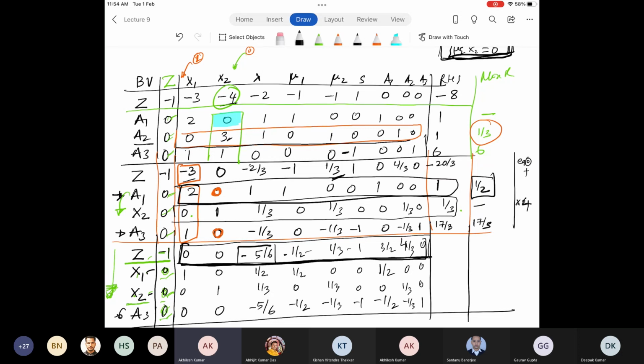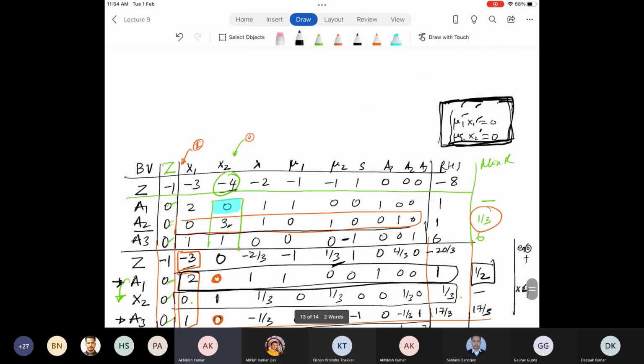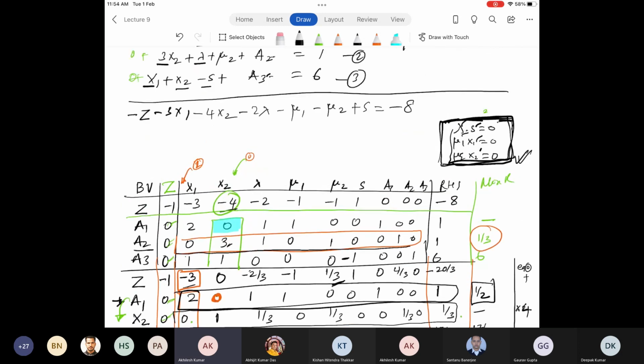So we were only left with the option of lambda to enter the basis. This is how we check which one will enter and ensure that the non-linear part is being taken care of. Because I have not solved this problem beforehand, I started solving with you guys. So some mistake has happened, but I will check and rectify it. Don't worry, I will upload it before your next class.